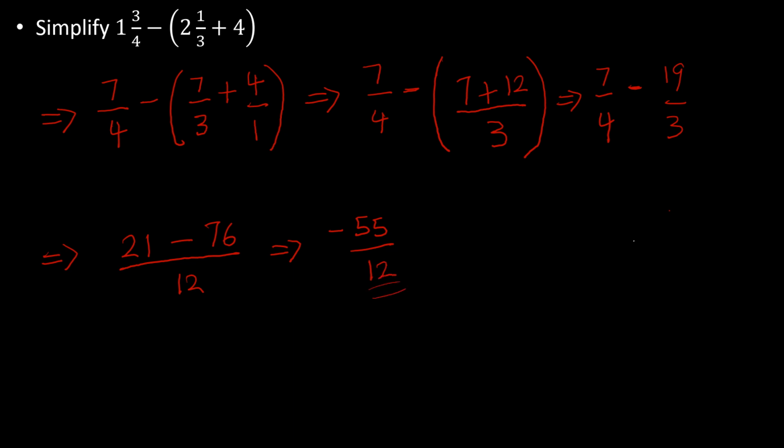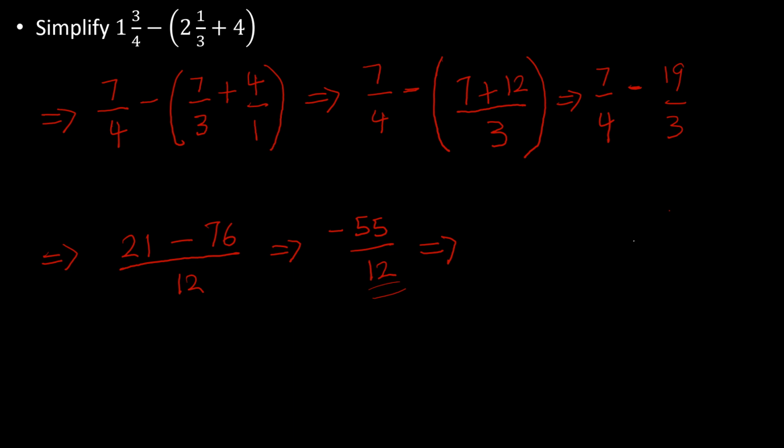But since this is an improper fraction, because we can see that the denominator is less than the numerator, actually it's an improper fraction. So we won't just leave it this way. We're going to put it in the form of a mixed number. And to do that, we're going to say 55 divided by 12. And what do we have?